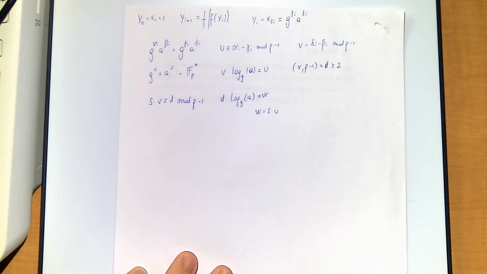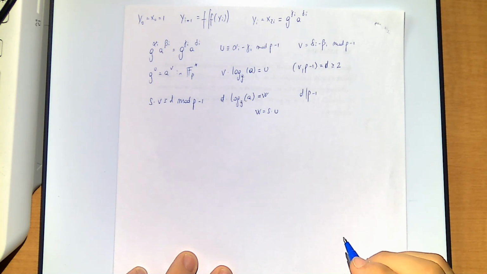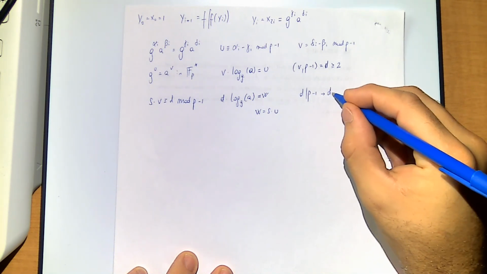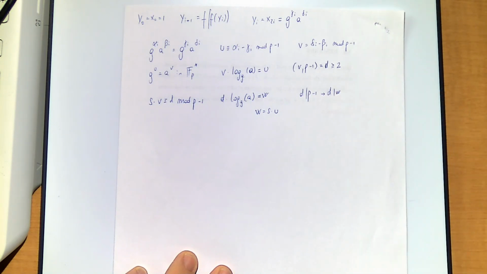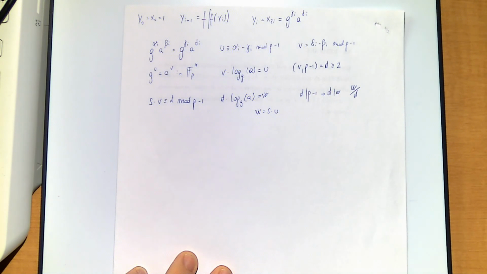Because d divides p minus 1, d also has to divide w, and so we get w over d to be one solution to my discrete logarithm problem.